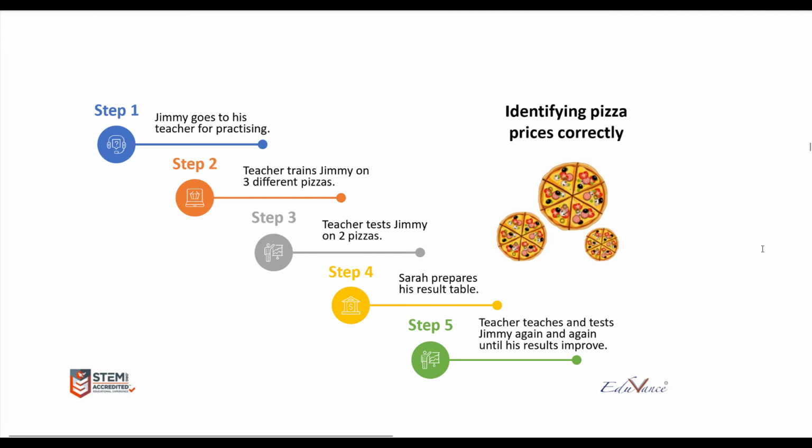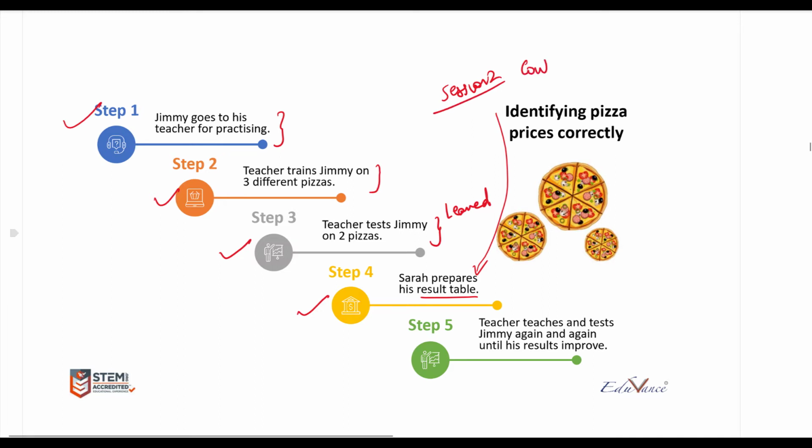His learning journey would go through 5 steps. Step number 1, he goes to his teacher for practicing problems. Step number 2, the teacher trains him on 3 different pizza sizes. Step number 3, the teacher would now test whether Jimmy has learnt properly or not. Step number 4, Sarah, his friend, will prepare his result table. Now, a quick recollection for you guys. In session number 2, we had seen that the result table was called a confusion matrix or a confusion table, and it looked something like this.